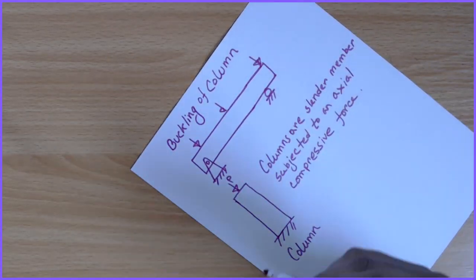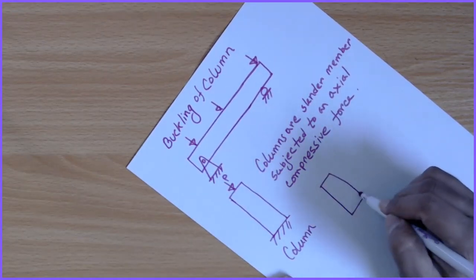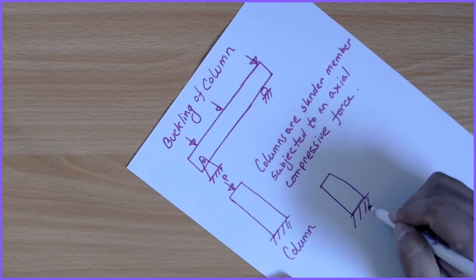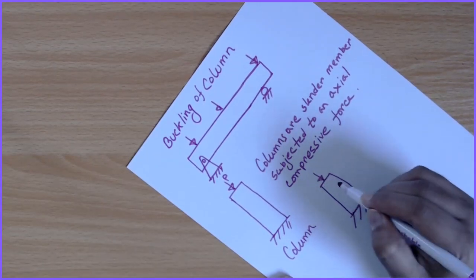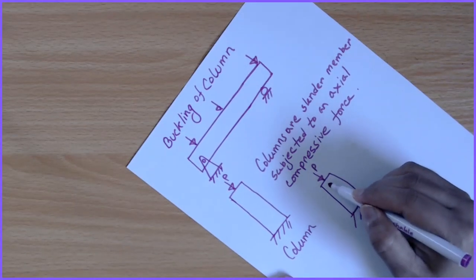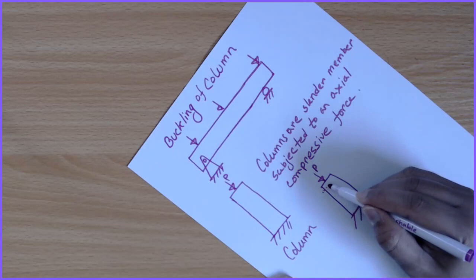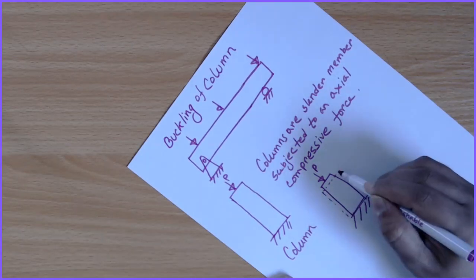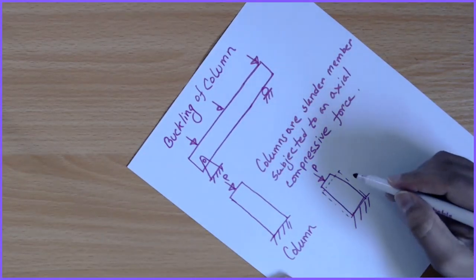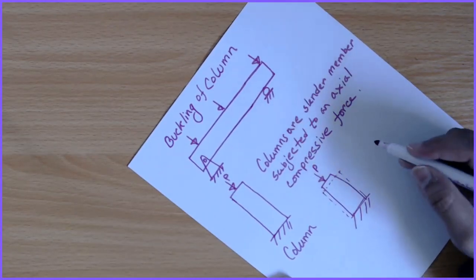Now if I apply load from the top, and because of this load it compresses this column, then we can call this structure a column.